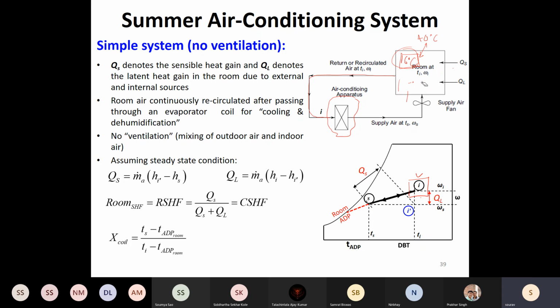The major contributor in QS is the heat leak from the wall surfaces. During the daytime, it is a combination of conduction, convection, and radiation. During the night time, it is mainly conduction and convection.